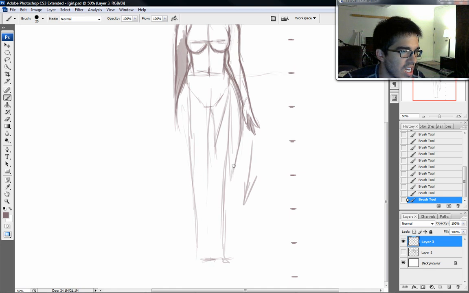And then the knee, I'd say the knee looks about right there. Maybe a little up. So let's see, that is at our 9, 8, 7, 6. Around our sixth head, I'm going to say that's the middle of the knee. Does that look about right? So there's our knee right there. Now remember, this line comes down here, connects to the knee, and then it goes out like that, and then in.